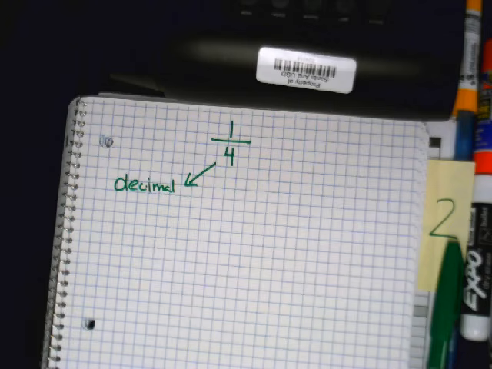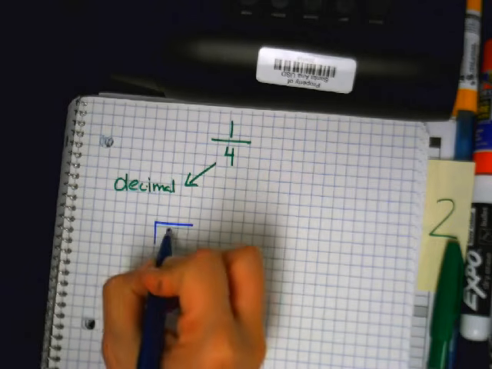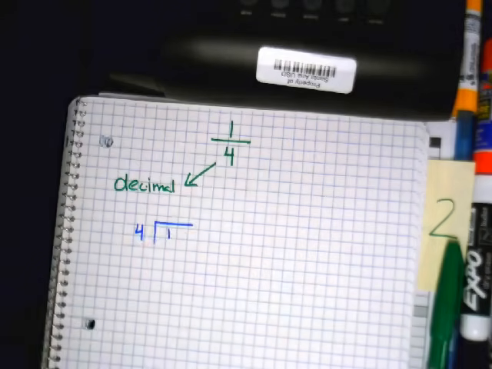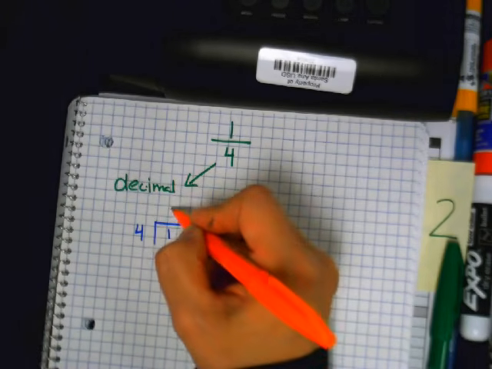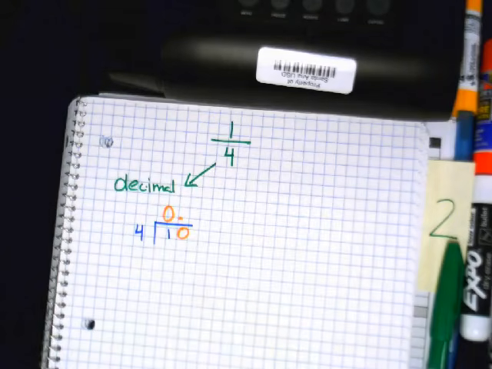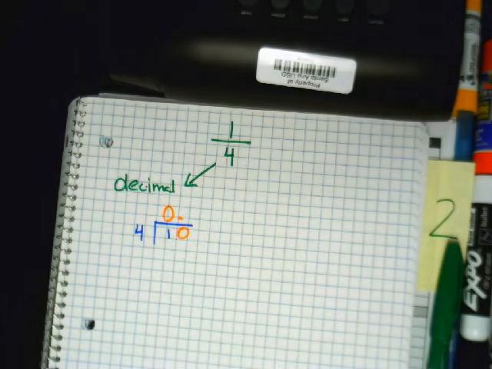All right, class, what goes inside? 1. What goes outside? 4. Good. Now, does 4 go into 1? Nope. So you're automatically going to put a 0.0. Now I have 10. How many times does 4 go into 10? 2, because 2 times 4 is 8.